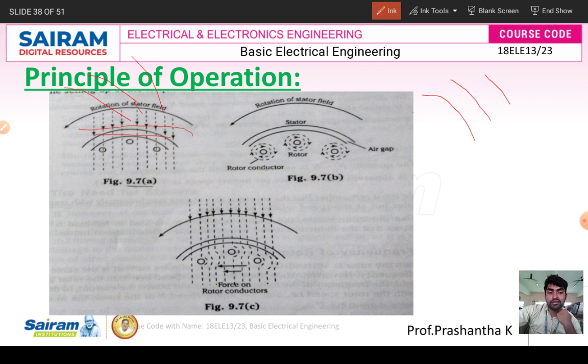South pole will attract north pole, or if north pole to north pole is present, it will push or pull out. So that conductor moves from high flux density to low flux density. That's why the induction motor is free to rotate in the specified path. That's why it is called an induction motor, right?